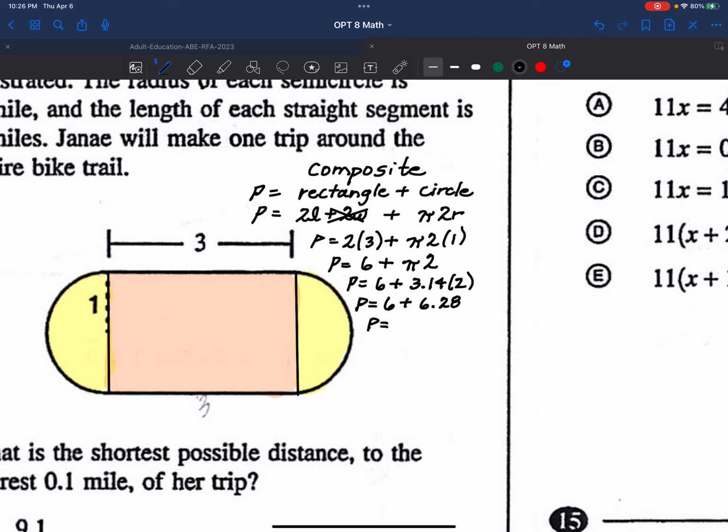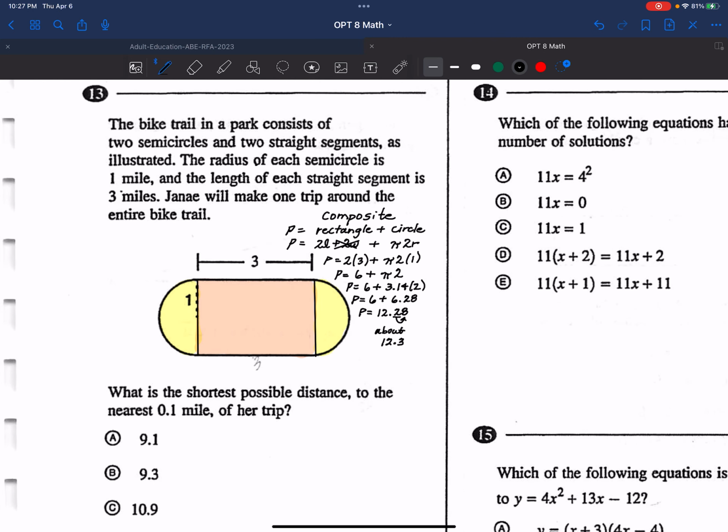So the perimeter or the distance around there is 12.28. But they want me to round it to the nearest tenth. So that's going to be about 12.3. And that is in terms of miles.